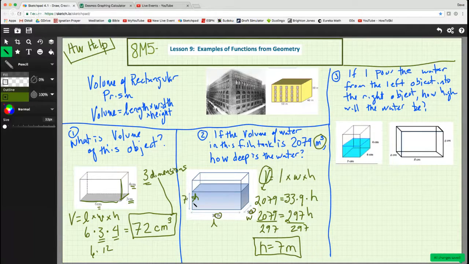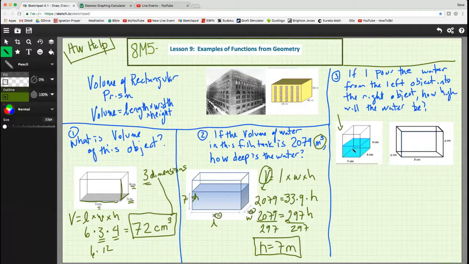Okay. Number 3 is similar to number 2, except I haven't told you a key piece of information, or I'm making you do one extra complicated step, or maybe I'm just making you think a little bit harder. So I have water in this object over here, and I can calculate how much water.